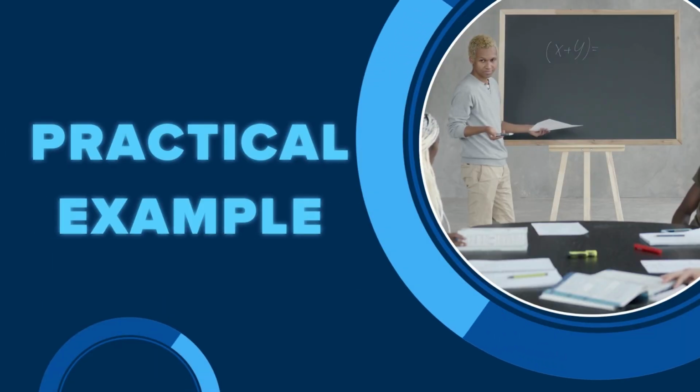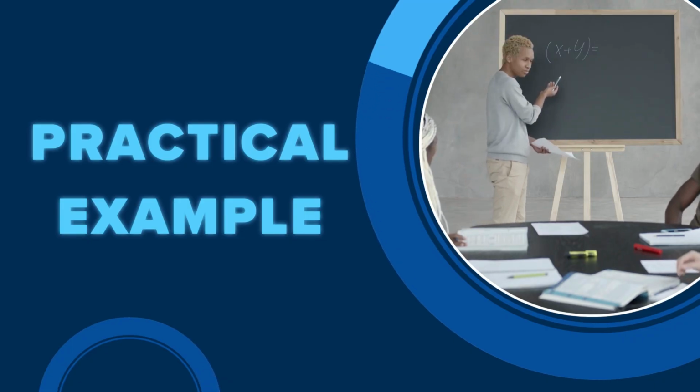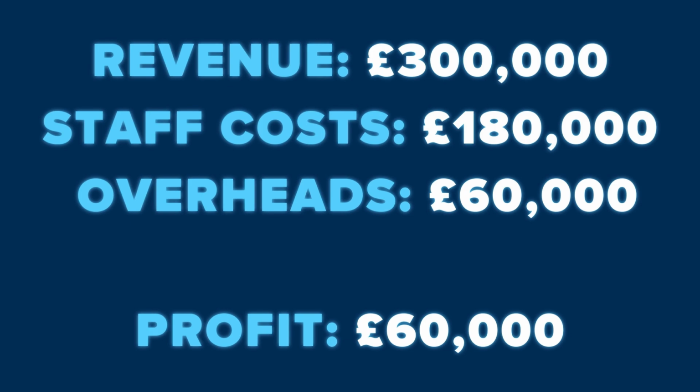Let's take a look at a small UK marketing agency example. We've got revenue of £300,000, staff costs of £180,000, and overheads of £60,000. So now we've got a profit of £60,000. On paper, it's profitable, right?